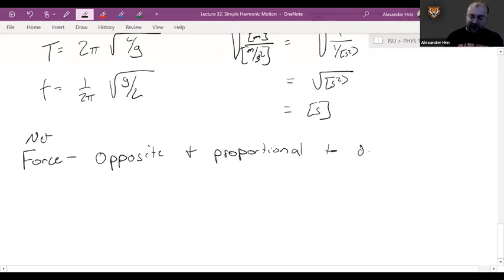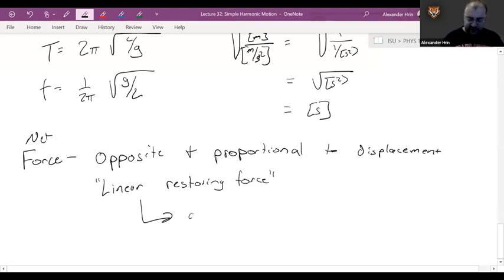You have a force that wants to pull the thing back towards its equilibrium position, its standard position. But that force also gets greater the more you displace it. This is what we call a linear restoring force, and linear restoring forces are the things that give rise to simple harmonic motion. So anything with a linear restoring force is going to give rise to simple harmonic motion.